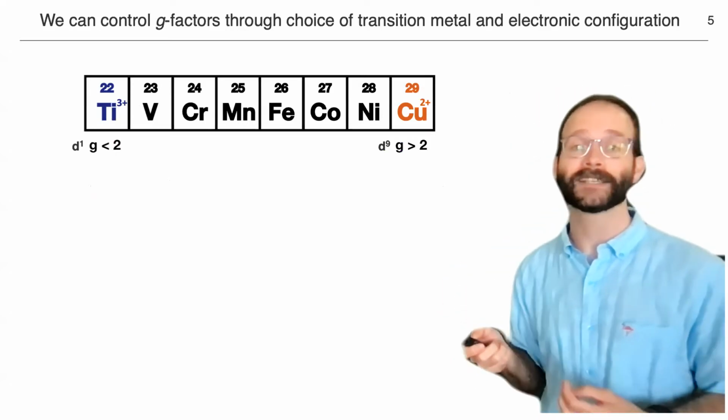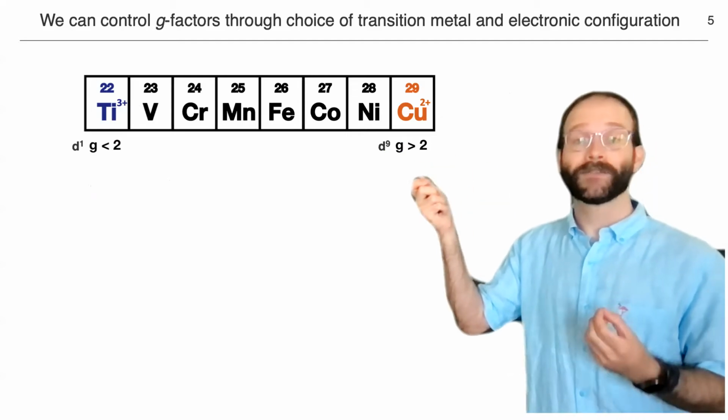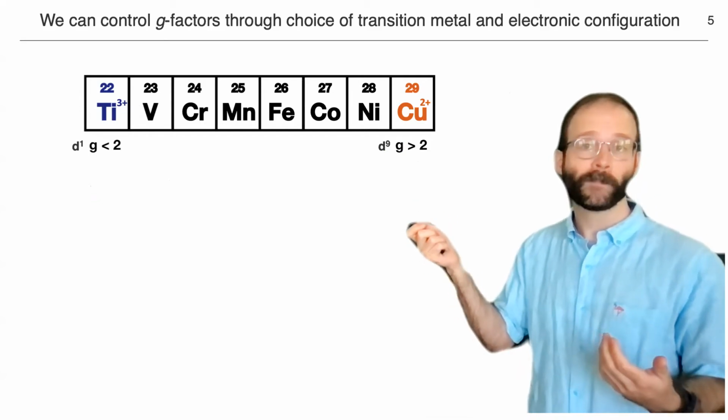And one of the simplest ways is to leverage the fact that spin-orbit coupling is what creates the differences in g factor from the free electron value of approximately 2.